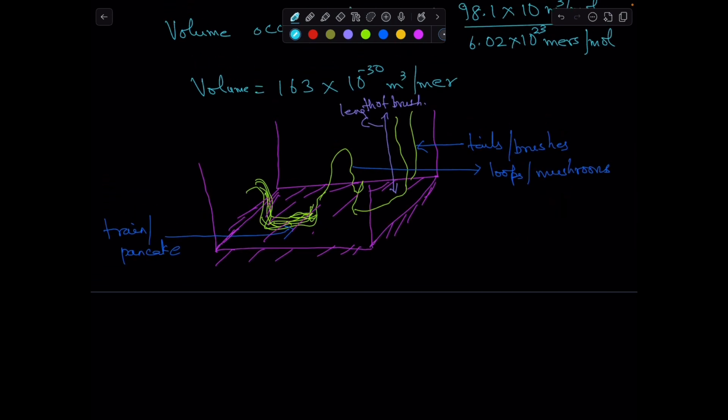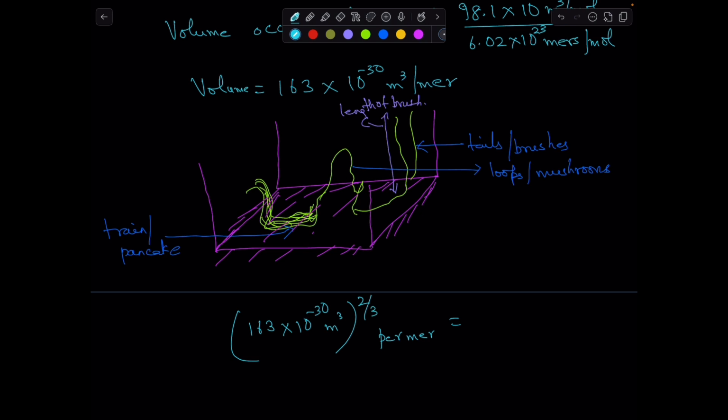Let's see what this volume translates to in terms of meter squared per mer, assuming that all this is 1 unit length of a cube. We can say that 163 times 10 to the negative 30 meter cube to the power 2/3 per mer will be the area that it is occupying.